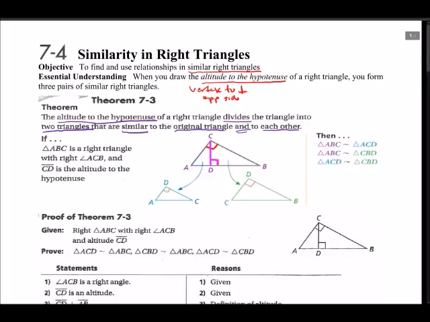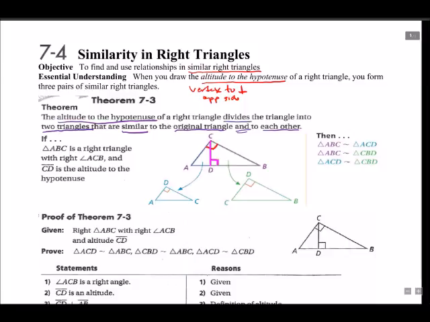Now, I told you before in right triangles, you always want to know where your hypotenuse is. That's the first thing you do. You go, oh, right triangle. Directly opposite of that is your hypotenuse. So we draw the altitude, which goes from the vertex to perpendicular to the opposite side.